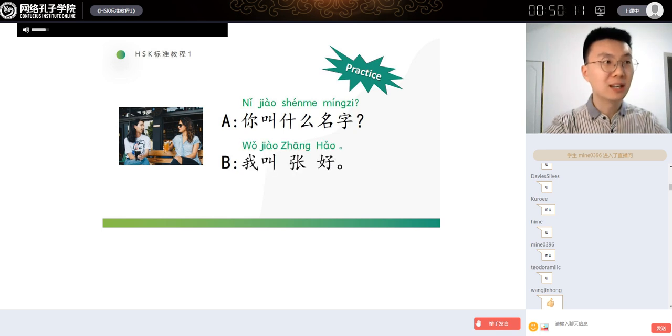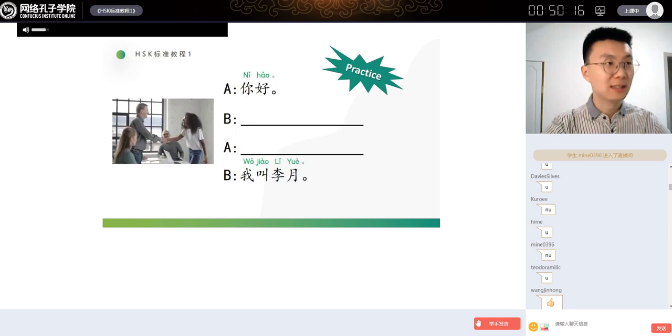For example, 我叫张豪. Next, this long conversation. Do you know how to complete this conversation? A says 你好, so B should say. According to the picture, we can find this man may be elder than the woman, like a boss or someone, right?